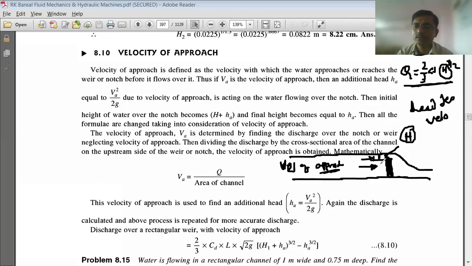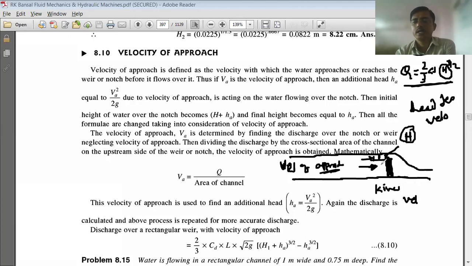We have not considered the dynamic head, or head due to the velocity, which is called the kinetic head or velocity head. We have not considered this head here. But we must consider this head because this water is having some velocity, and with that velocity water is moving.